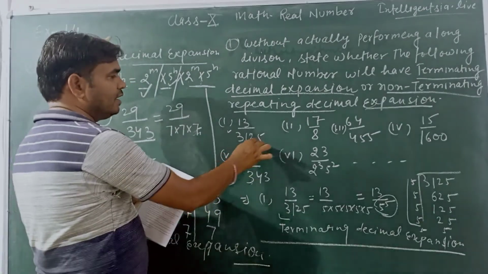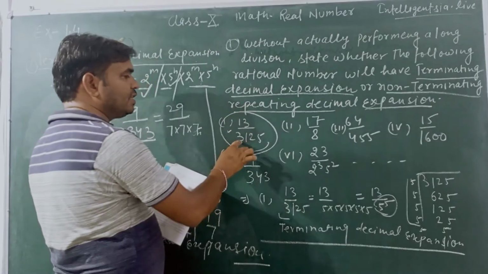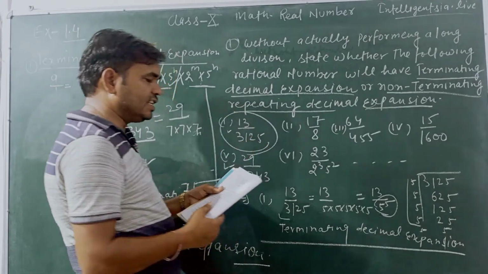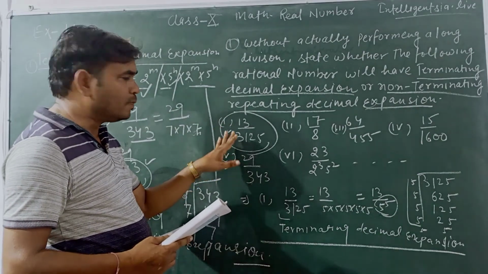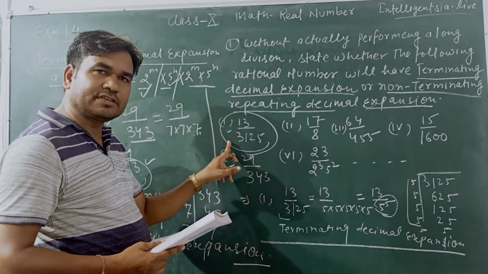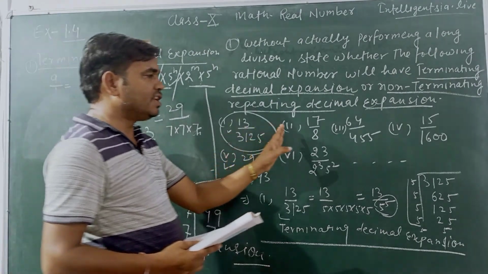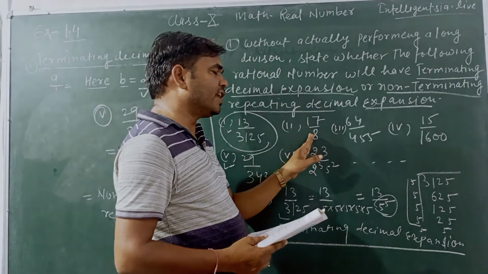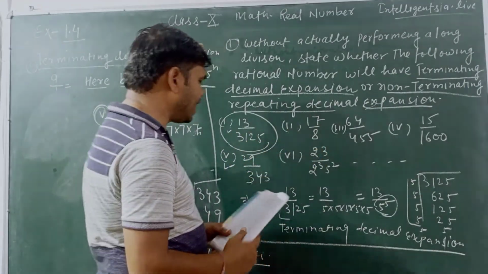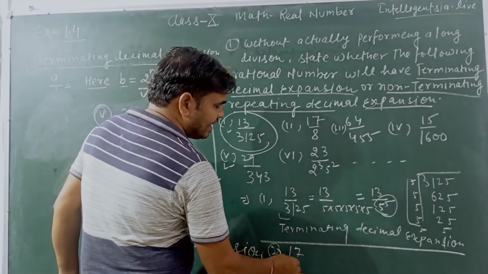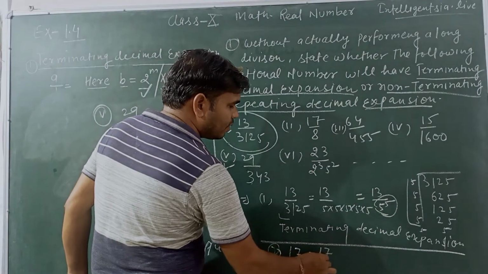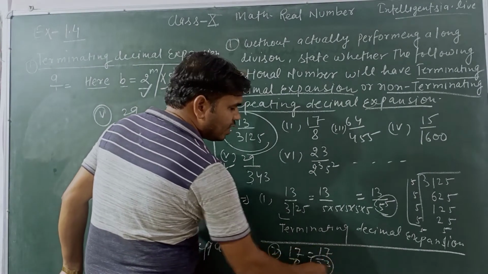So here we see 13 over 3125. This is a terminating decimal expansion. So we have to write only this, and at the same time 17 over 8 we have to find out. 17 over 8 means 17 over 2 to the power 3.